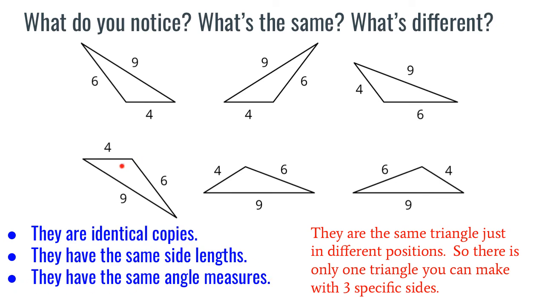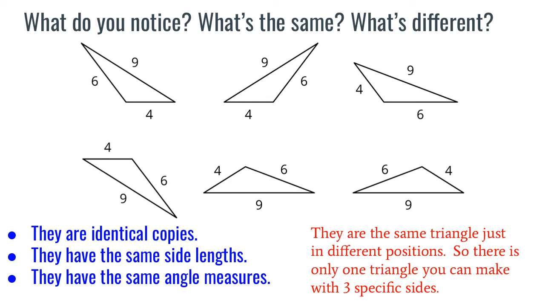If we actually measure these with a protractor, all of these angles would match up. So the angle that goes with the 4 and the 9 would match in every triangle. When I say 4 and 9, I mean the angle created with those sides.